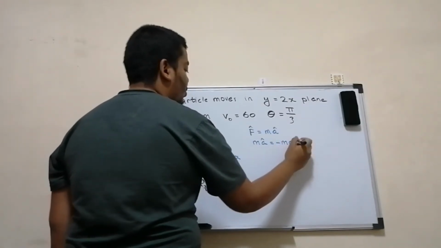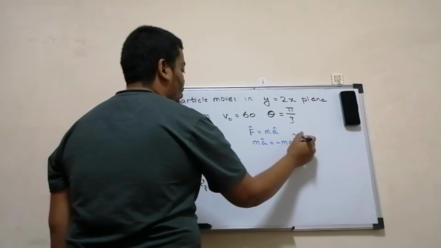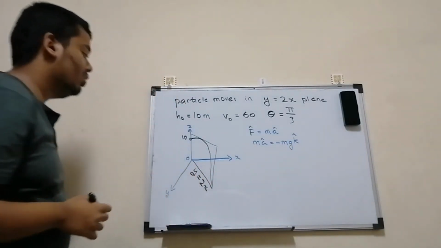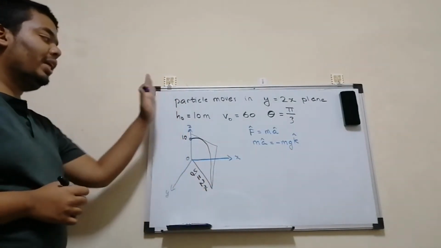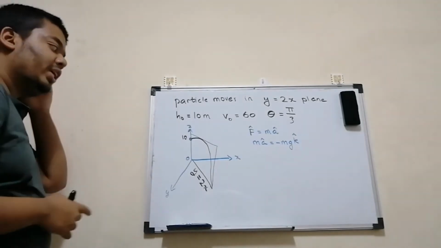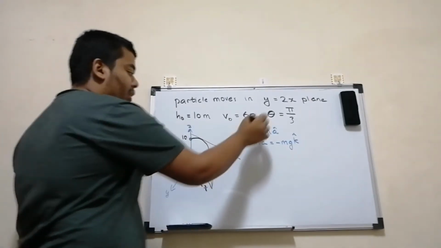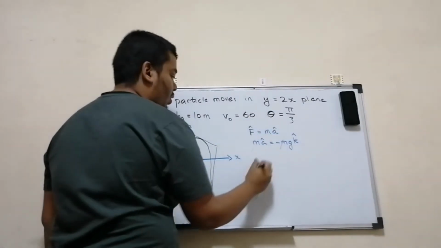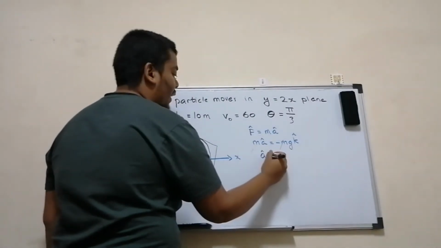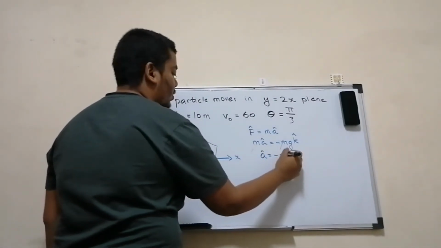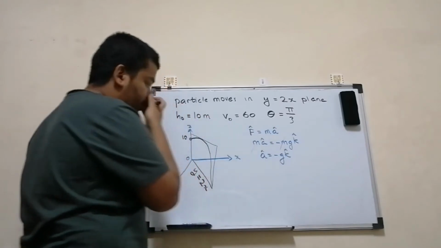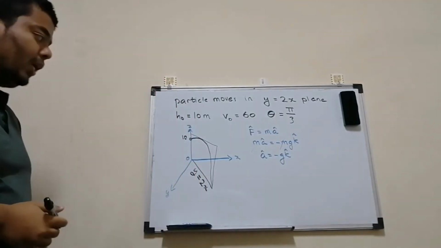Remember, we cannot say j because this is the j, this is i, and this is k. So vertically, it's negative mg k. The m's get cancelled, and we are left with a is equal to negative g k.